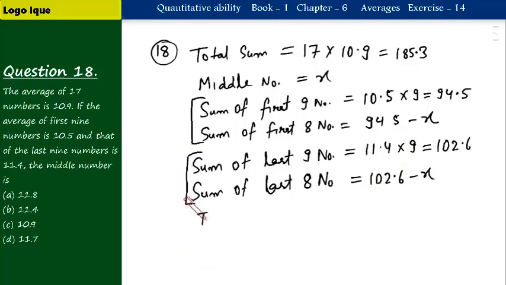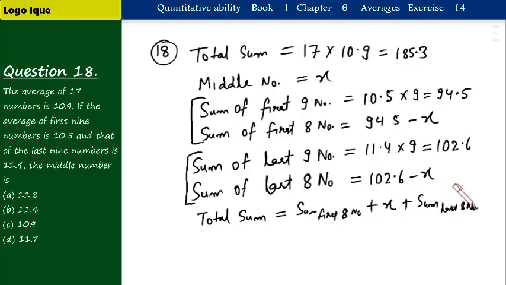Now if you have to calculate the total sum, how will you calculate? It will be equal to the sum of the first 8 numbers plus the ninth number plus the sum of the last 8 numbers. Just put the values here.